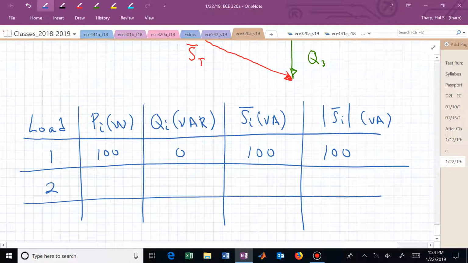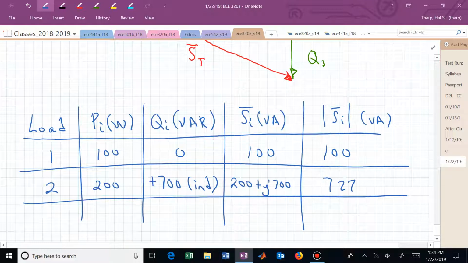Load 2 had a real power of 200 watts and an inductive reactive power of 700 VARs, or the complex power is 200 plus j700, and if you compute the magnitude of 200 plus j700, hopefully you will obtain 727.